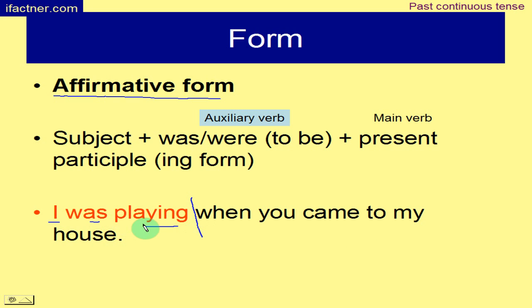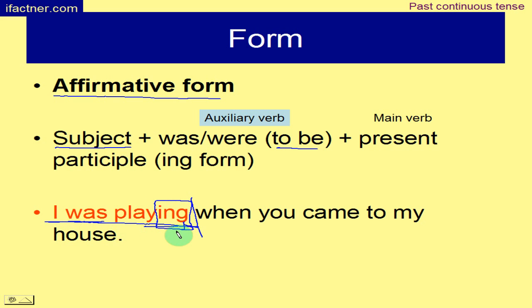This part is in past continuous tense. I was playing. I is the subject. Then we have got was, the second form of to be, and then we have got the ing form of the verb play.